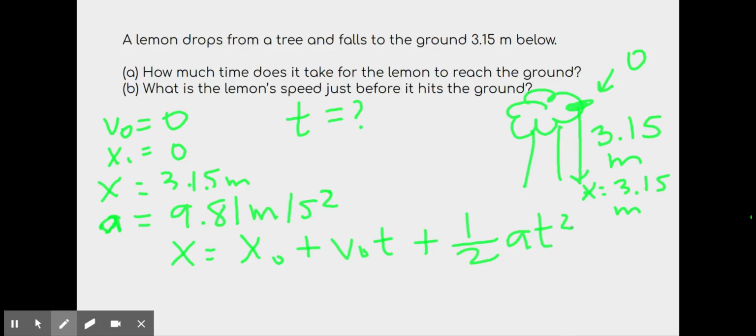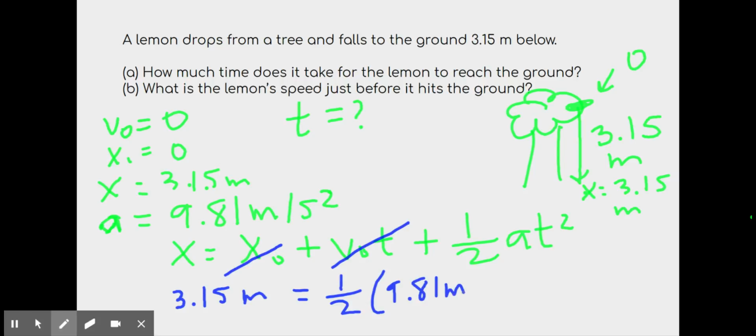Well, we have some zeros here, so we can just go ahead and mark out a couple of things. We can get rid of x naught. We can get rid of v naught because those are both going to go to 0. Let's plug in the information we know. We know that x is 3.15 meters and that it's equal to 1/2 times 9.81 meters per second squared multiplied by t squared.